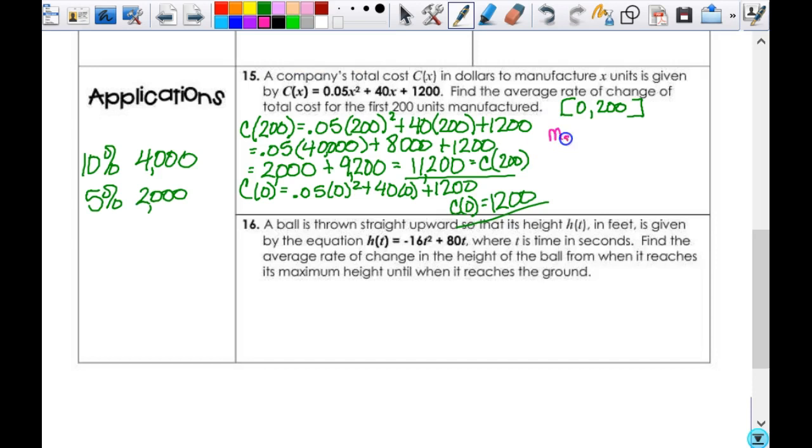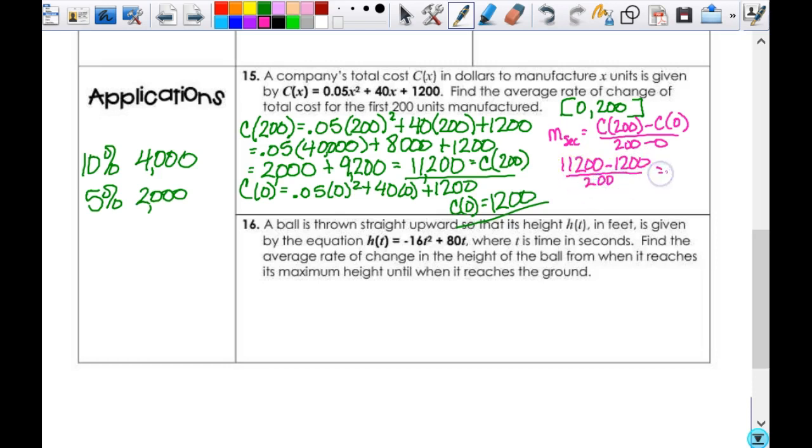The slope of my secant line is going to be the C of 200 minus C of 0 over 200 minus 0. So that gives me 11,200 minus 1,200 over 200.